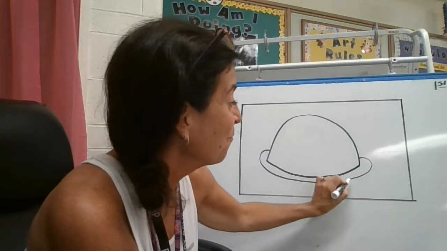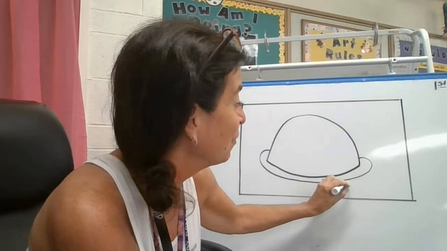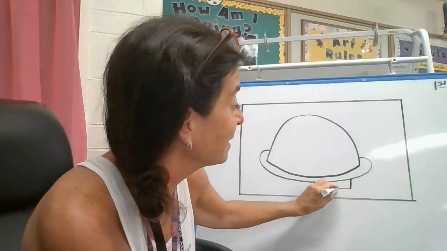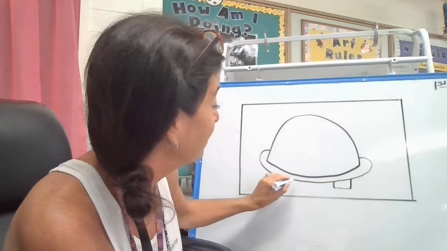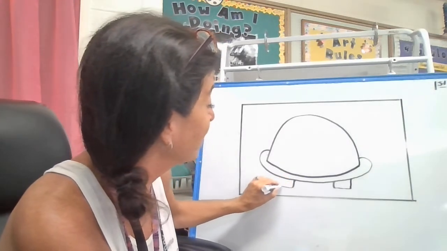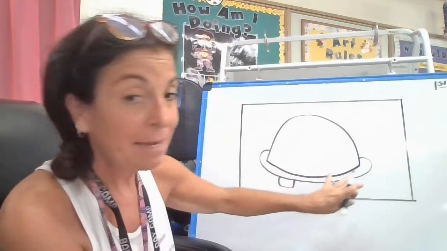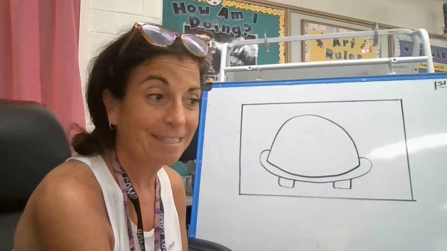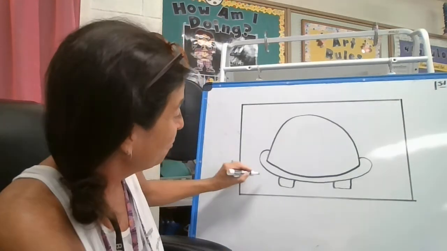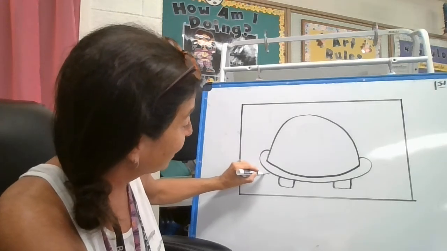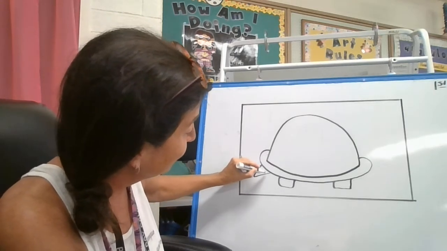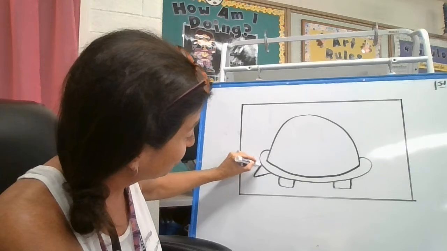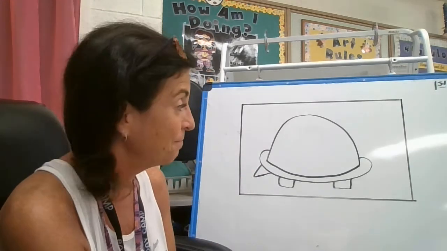From there, we are just going to draw a vertical, horizontal, and vertical line, vertical, horizontal, and vertical line. And now we have our tortoise's legs. We're going to make two diagonal lines here to create our tortoise's shell.